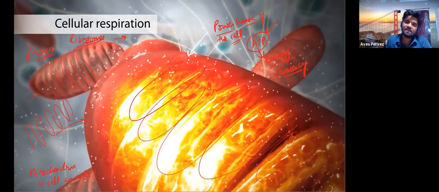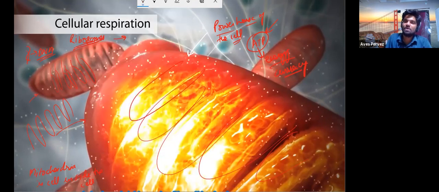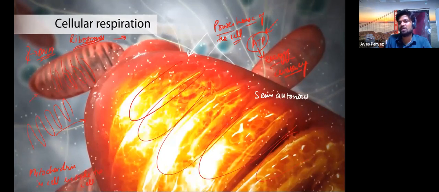Moreover, it is also called a semi-autonomous organelle because it has its own DNA and ribosomes.